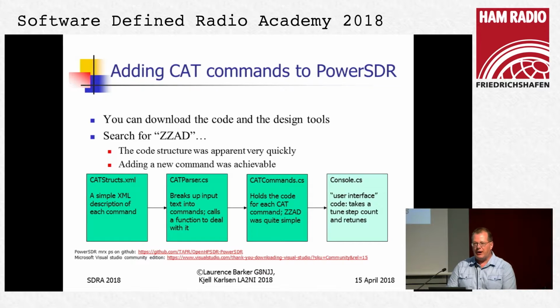It just tells the program what commands are available to it. The next bit of code just breaks all of the incoming commands up into individual messages, so it will interpret ZZAD01 semicolon as step VFOA down by 1 step and pass that on to the next piece of code. And the third bit of code, once it's broken that down to a particular command, calls a particular function to implement that.